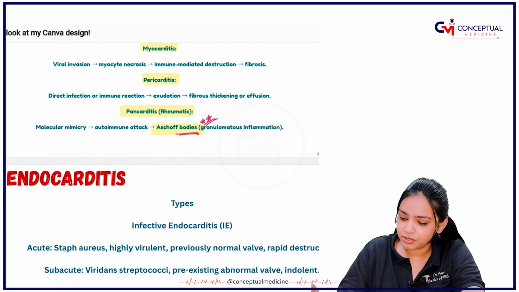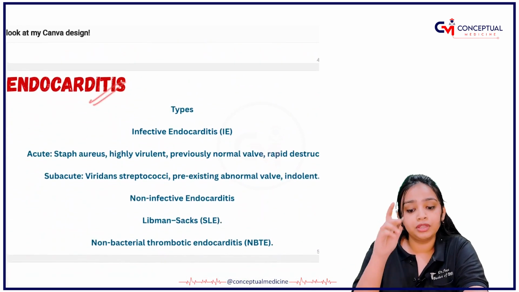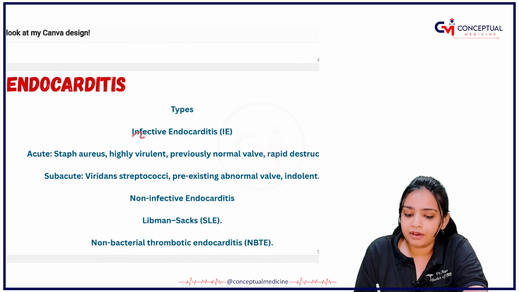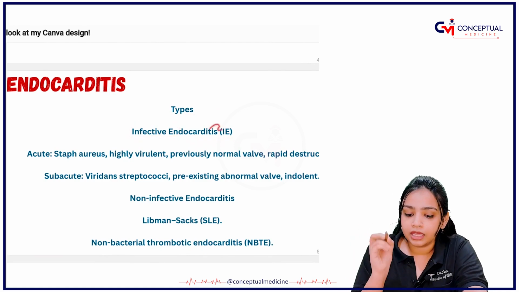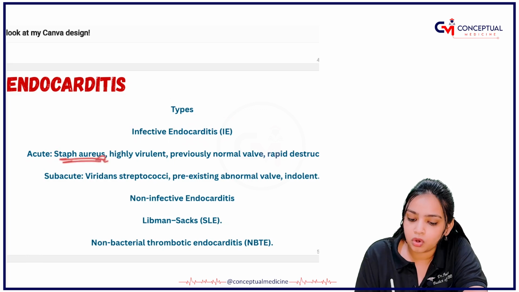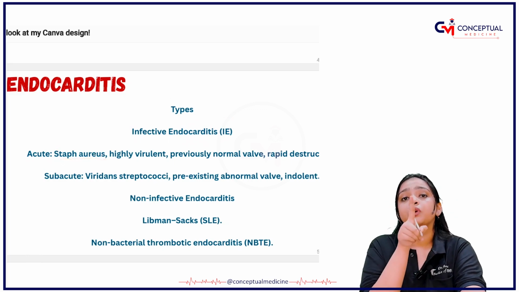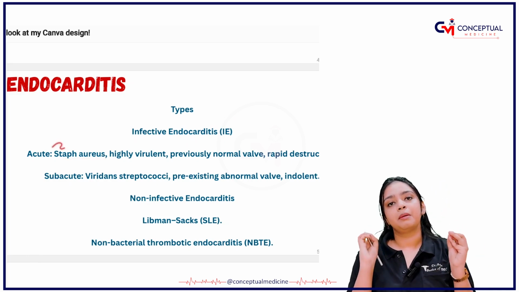Okay. Next you have is let's talk about the endocarditis. So in the endocarditis, you have the types. What are the types you have? First one is the infective endocarditis. In the infective endocarditis, you have the acute one, which is caused by the Staph aureus. Remember the organism, because in your microbiology also they will teach you, and there you have to remember the organism.